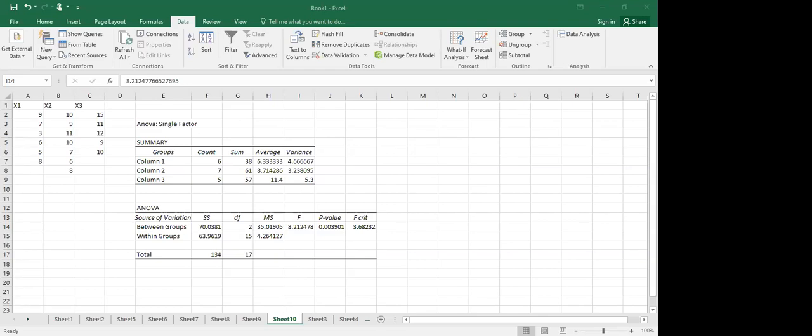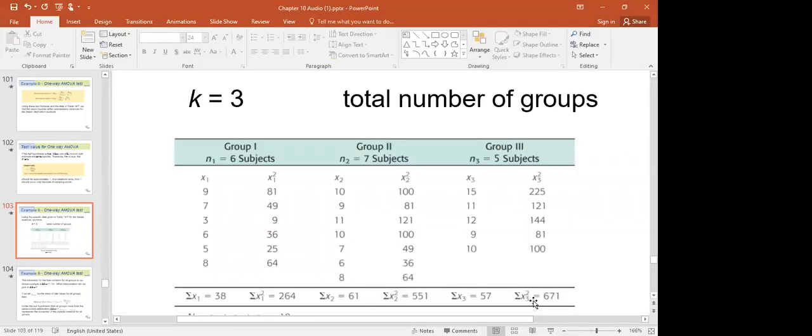So if you are using your calculator, just 1 minute. Of course, you will enter your data in L1, L2, L3. Then you will go to test. The last one is ANOVA, and you choose ANOVA. Then a bracket will open.